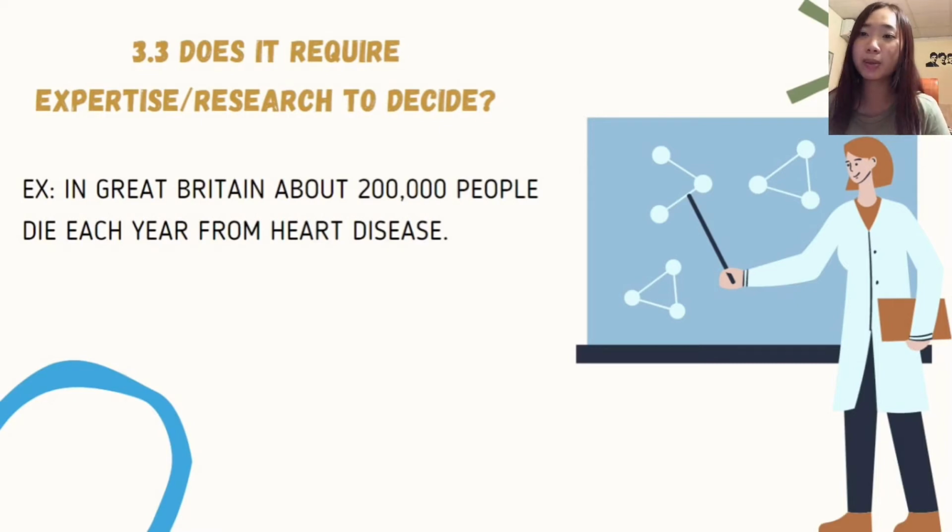So you may know that people die from heart attack or heart disease, but you don't know the exact number of deaths each year, which is why we require expertise in this claim.